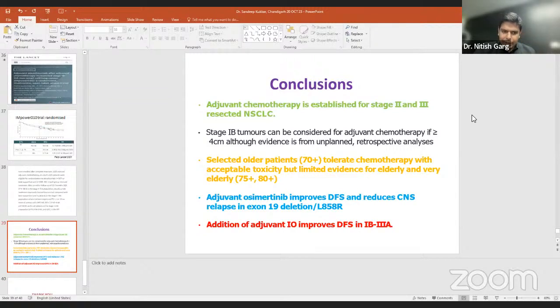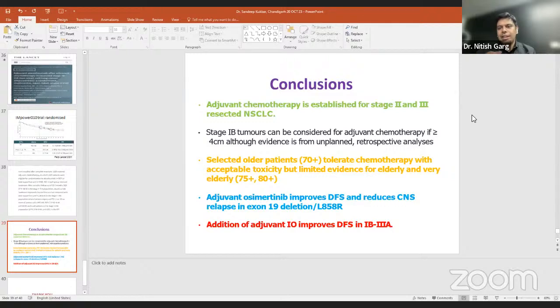Absolutely, the CheckMate trial with nivolumab was published with such good responses. In fact, they are saying that immunotherapy is much better in early stage because tumor mutations and such are not as much as compared to the metastatic setting. So now immunotherapy is coming in a big way, and the CheckMate trial with nivolumab is showing wonderful results. So without immunotherapy, we can continue using neoadjuvant chemotherapy in these settings.